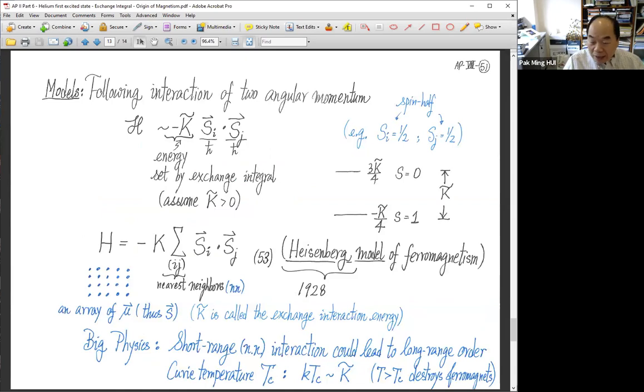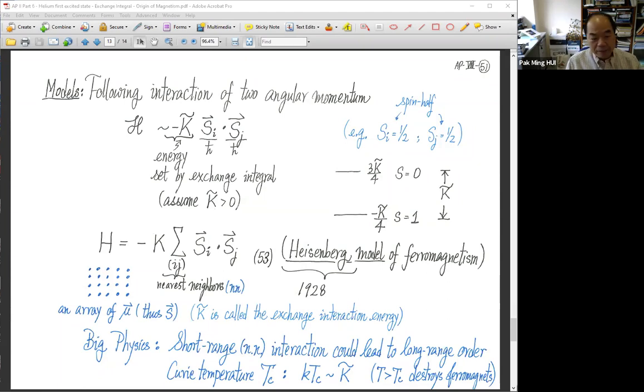So basically, after we understand it is spin alignment, if they tend to align, this is a ferromagnet. If not, then it is an anti-ferromagnet. Then we can write down a model Hamiltonian, meaning we construct a model such as to capture the alignment of spins as the origin of magnetism.